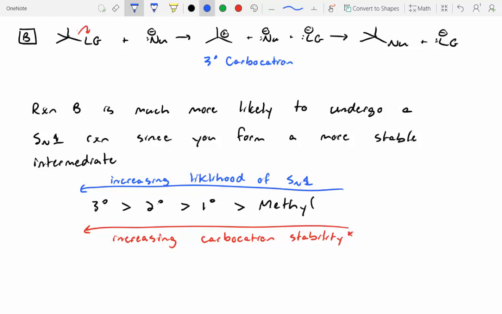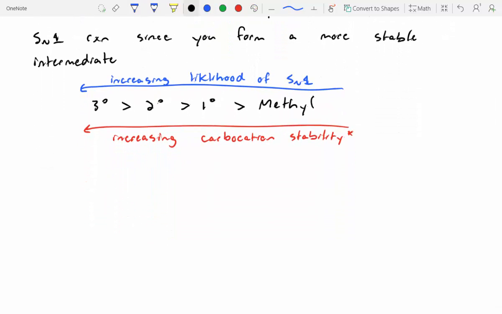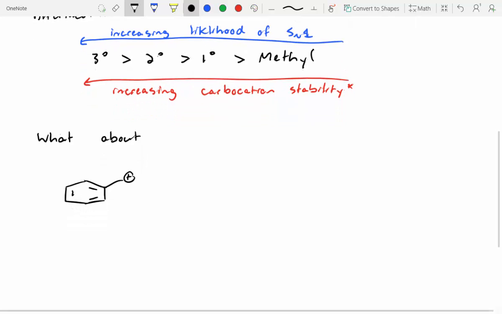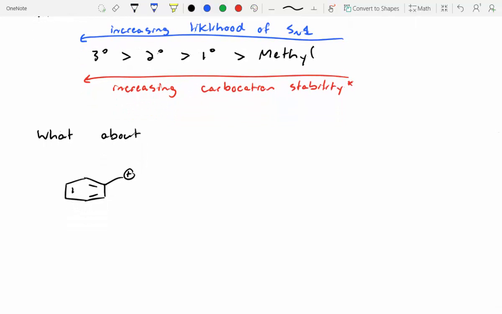So that's pretty simple. Now we've got to go back to that asterisk. But what about this carbocation, where we've got a carbocation on a primary carbon and a benzene ring right next door? Because of resonance. You guys are beginning to see that this is a trend, right?